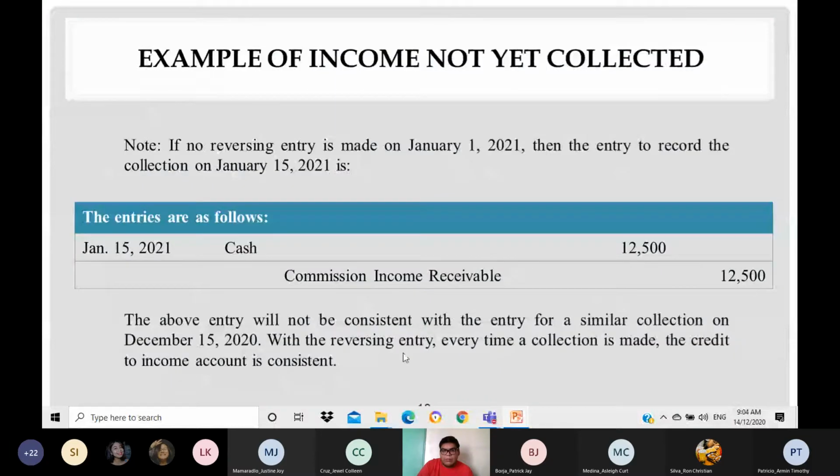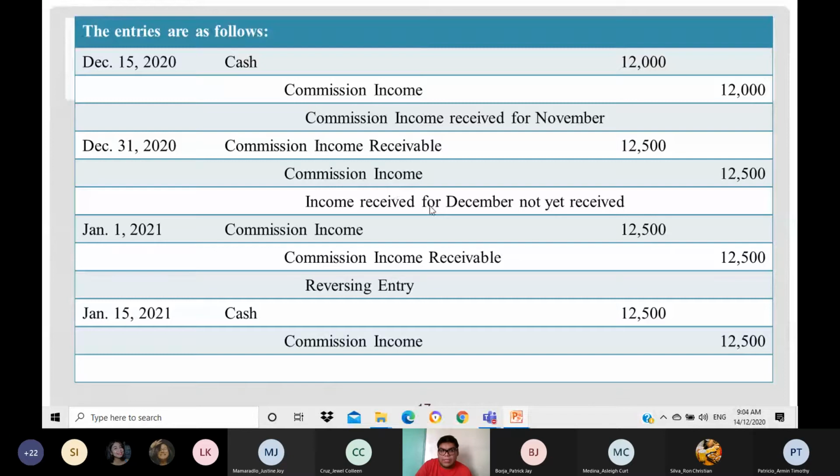So, with the reversing entry, every time a collection is made, the credit is to the income account. So again, you're doing this reversing entry for consistency purposes only.